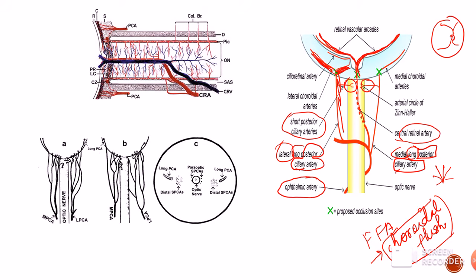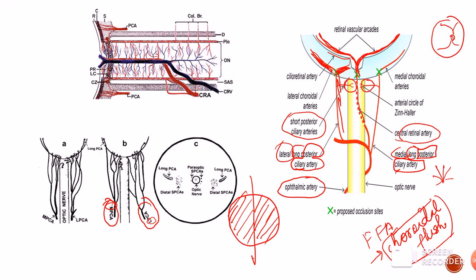The posterior ciliary arteries, whether medial or lateral, have a segmental blood supply. That means we have a medial one and a lateral one. If you divide the fundus into halves, half of it is supplied by the medial posterior ciliary artery, and the other half by the lateral posterior ciliary artery.